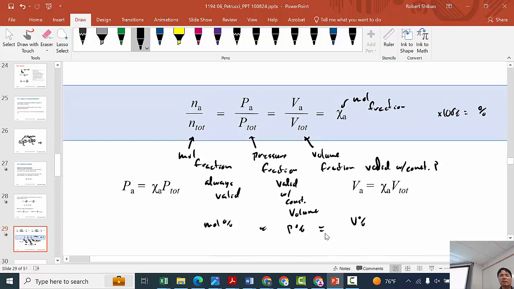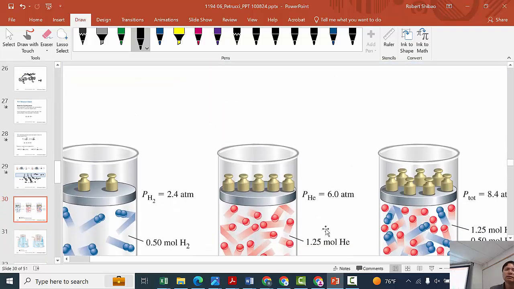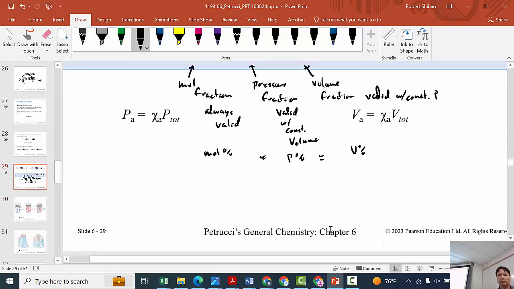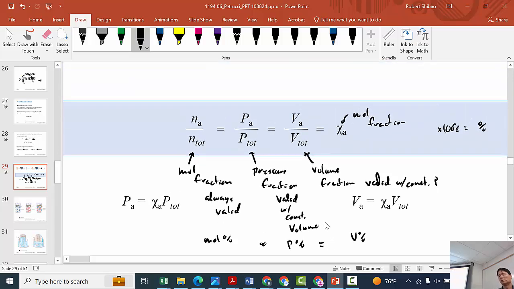And so let's take a look at an example of this here. This is the pressure fractions. This is called Dalton's mixture, or Dalton's law. This is Avogadro's mix, or Avogadro's law.